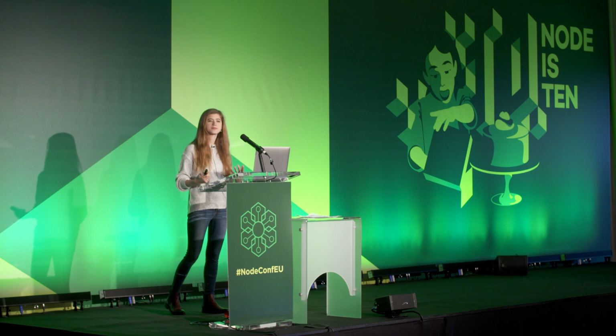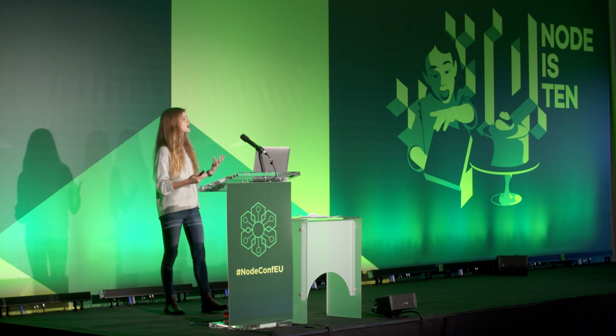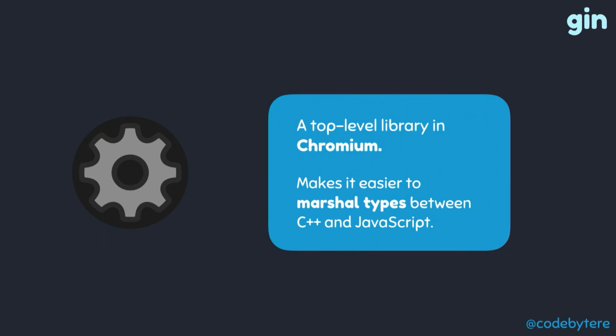For this, we've arrived at our next dependency, Gin. We class it as a dependency at the moment, given its role and its importance. But it is, in fact, a top-level project within Chromium's source tree, and is a set of utilities that make working with V8 easier. More specifically, in the context of Electron, it allows us to more easily marshal types between C++ and JavaScript.